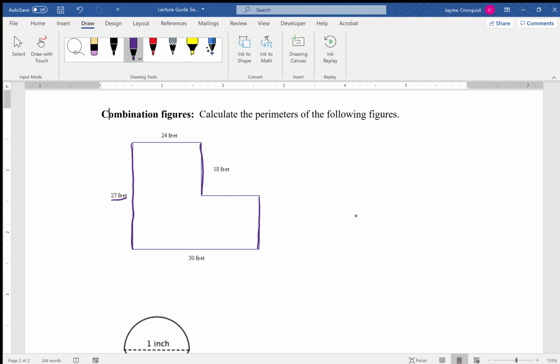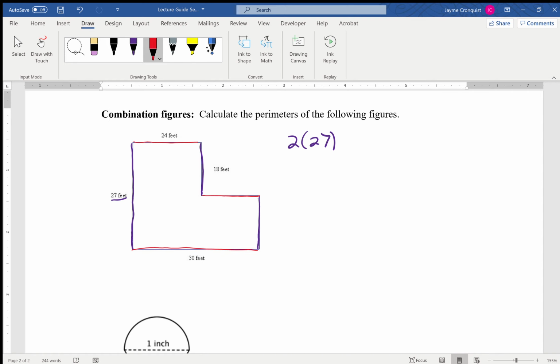So really, vertical distances have 2 times 27. Now, horizontal distances, I have 30 feet, but if I add the 24 and whatever this distance is, it's going to add to 30 because that's all right angles.